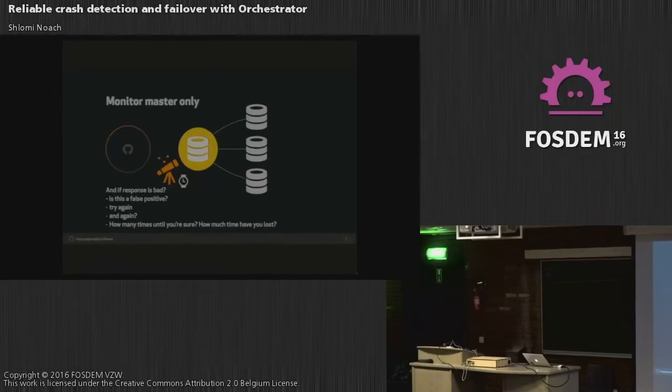That's the classic Nagios style. You wait like 4 successive times, which means, okay, by now I'm really sure there's a master failure, and I do a promotion. So how many false negatives or false positives do you get from that? And how much time have you wasted in figuring out that the master is indeed dead?